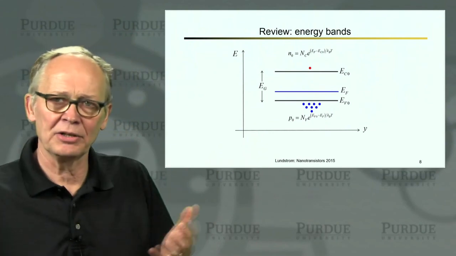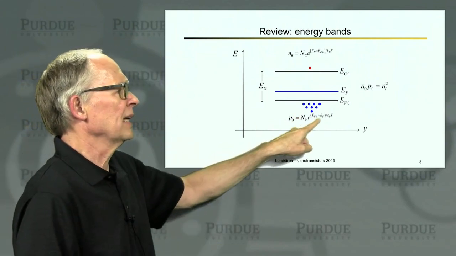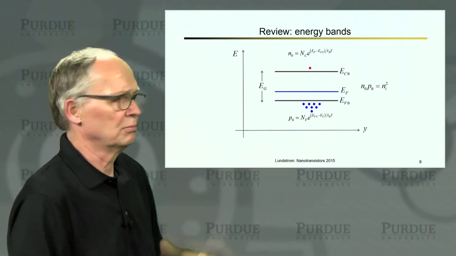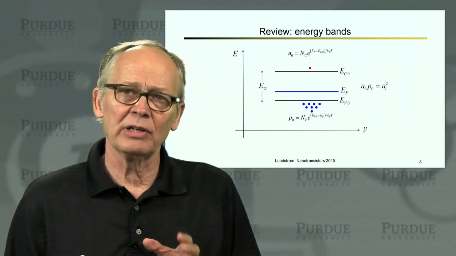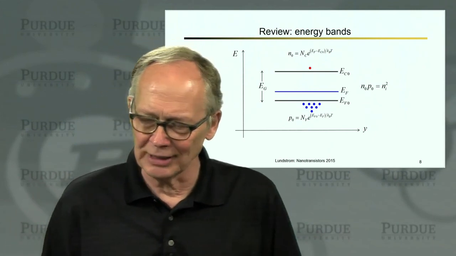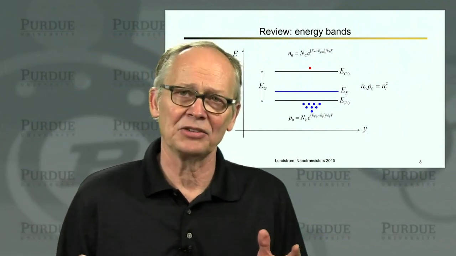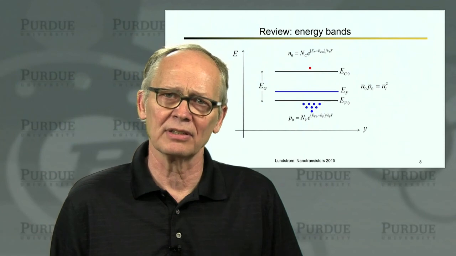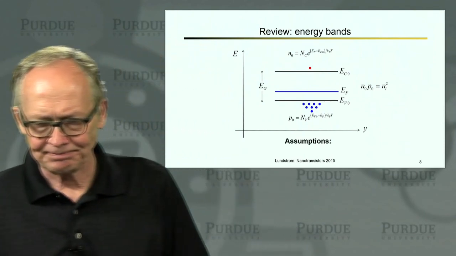The higher the Fermi energy, the more electrons. We have holes in the valence band, and the lower the Fermi energy is, the more holes we have in the valence band. And remember that if we're in equilibrium, and we're going to stay in equilibrium in this unit, then np is equal to ni squared. And ni is 10 to the 10th per cubic centimeter for silicon, and it has different values for different semiconductors.